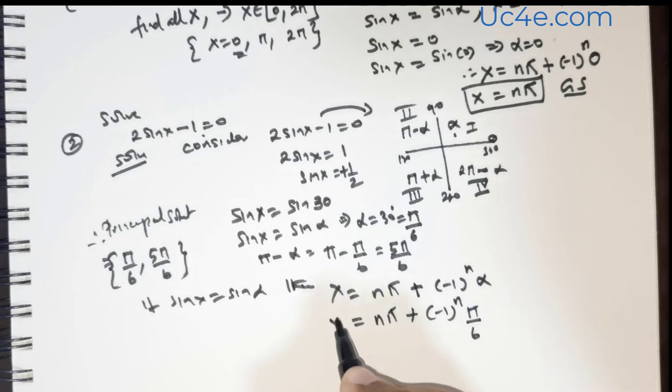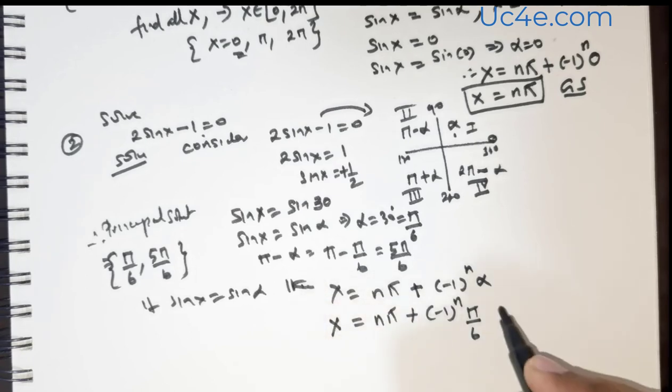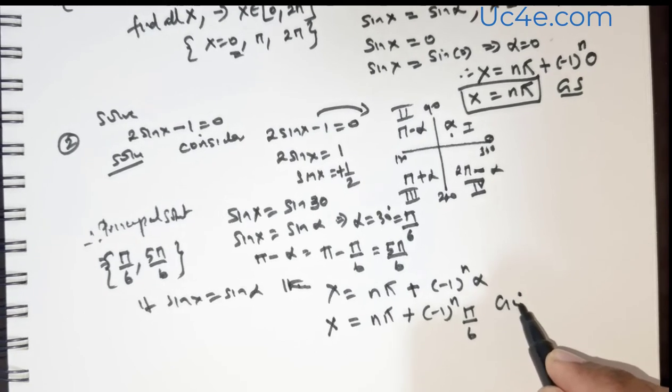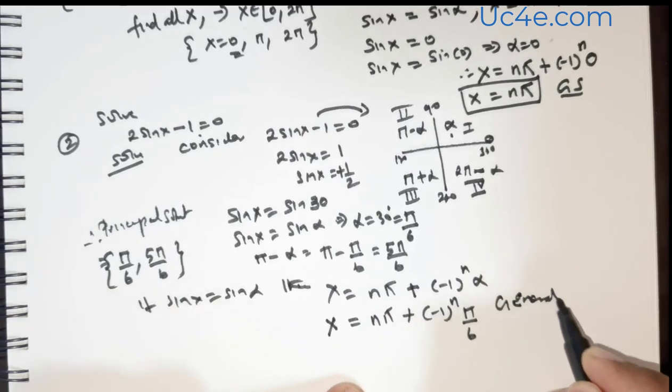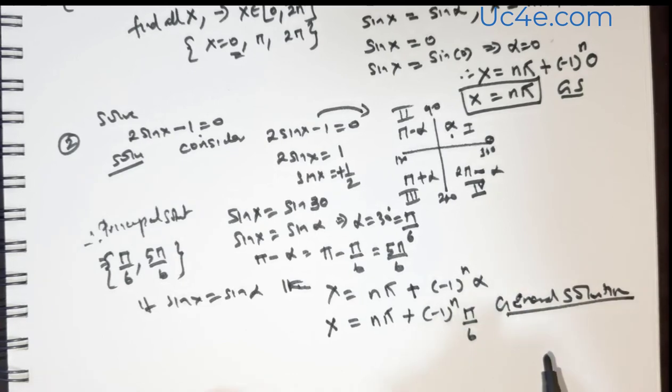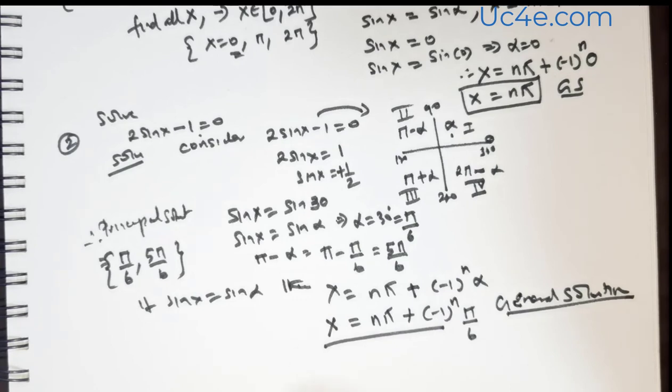So this is my x value, and you can state GS or general solution. Right, so this is the completion for this question. It's a lovely question, and we will move on to the next one.